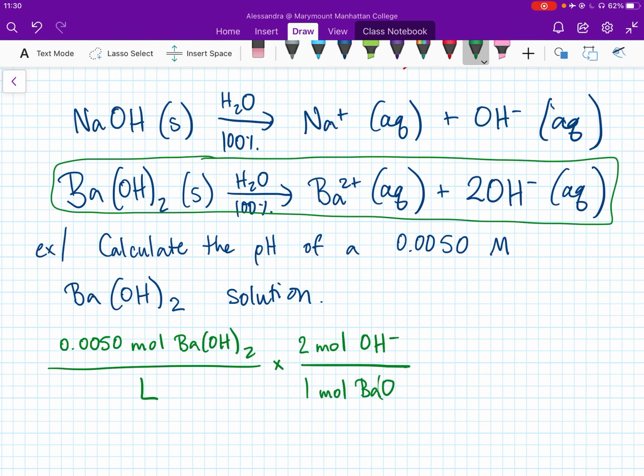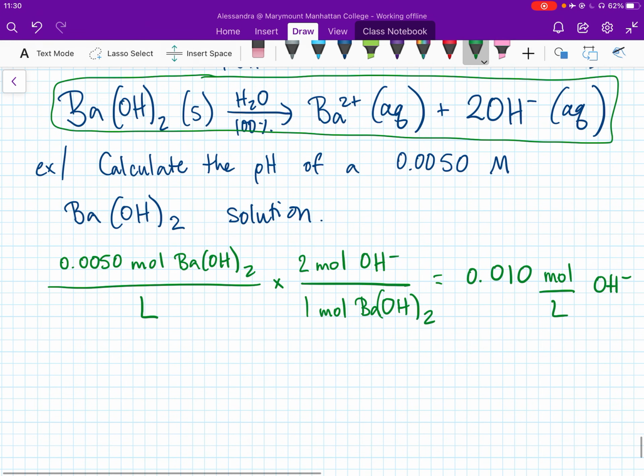That's very important because I need to figure out the pH, and for the pH, I need the pOH, and for the pOH, I need the molarity of OH minus. So I have 0.010 moles of hydroxide per liter. So this is very important because it leads me to the pH. The hydroxide is 0.010 molar.